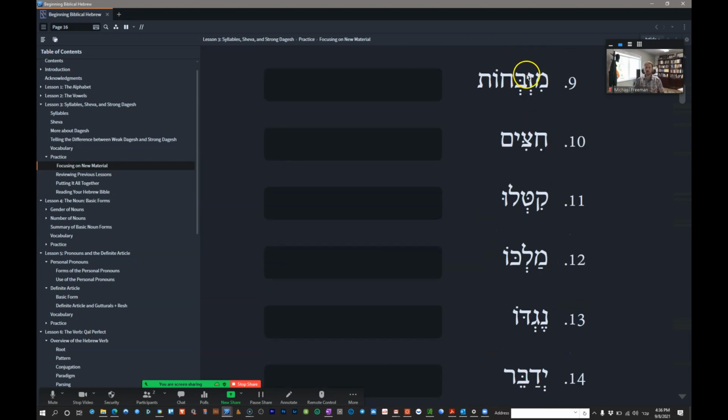Number nine, we've got a dagesh with a schwa before it and a schwa after it. Now, anytime you have a letter containing both a dagesh forte, a strong doubling dagesh, and a schwa, that schwa will always be vocal.